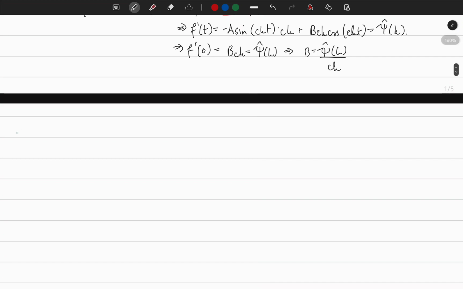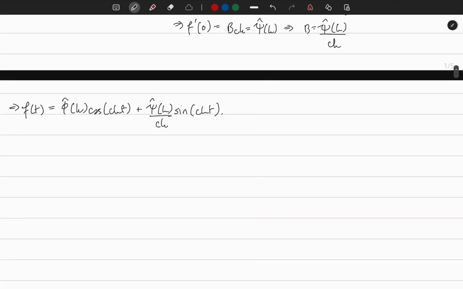Putting it all together, the particular solution will be f of t equals phi hat of k times cosine ckt plus psi hat of k over ck sine ckt.